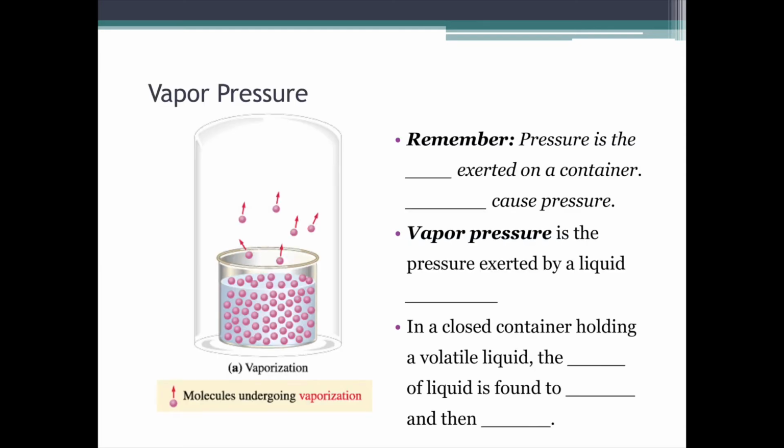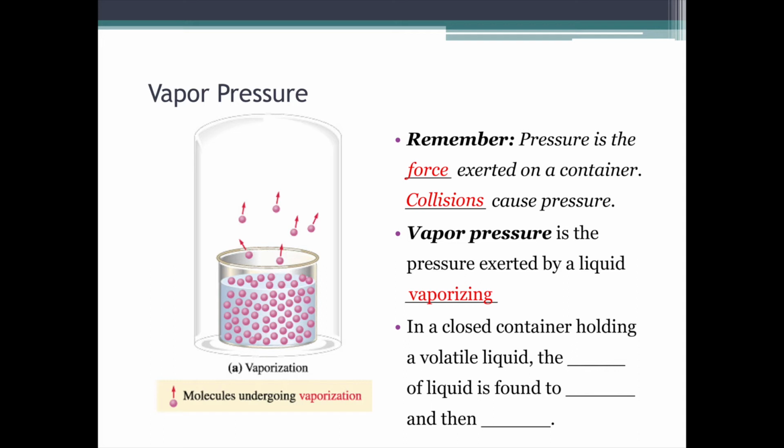Now we can discuss vapor pressure, what it is, how we get it, and what it means. Now remember, pressure is the force exerted on a container, and collisions cause pressure. So vapor pressure is the pressure exerted by a liquid vaporizing, or evaporating.